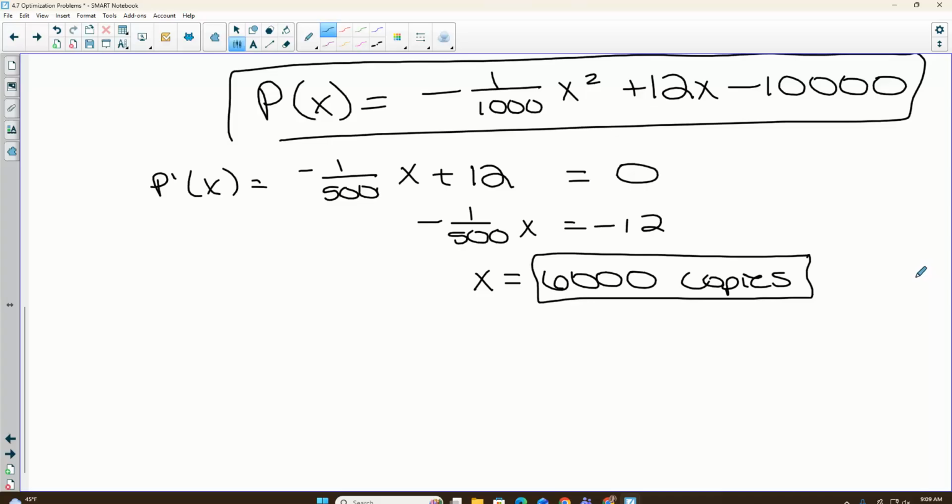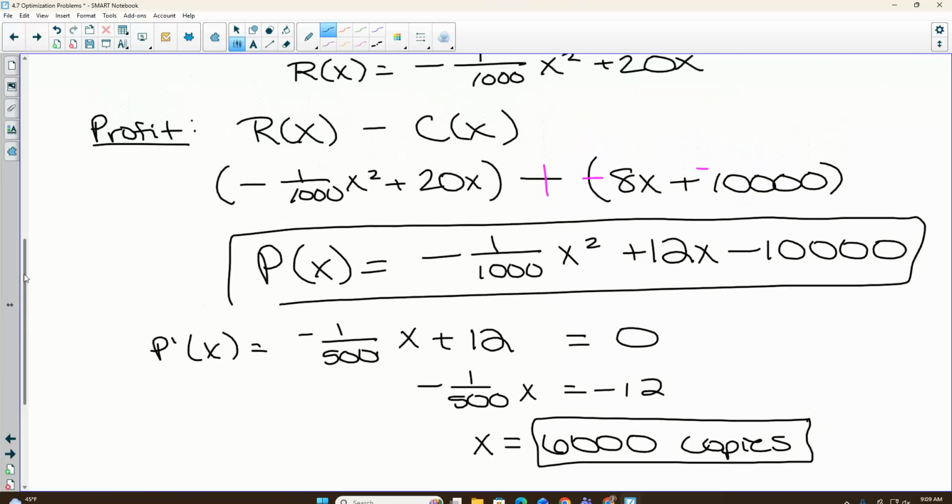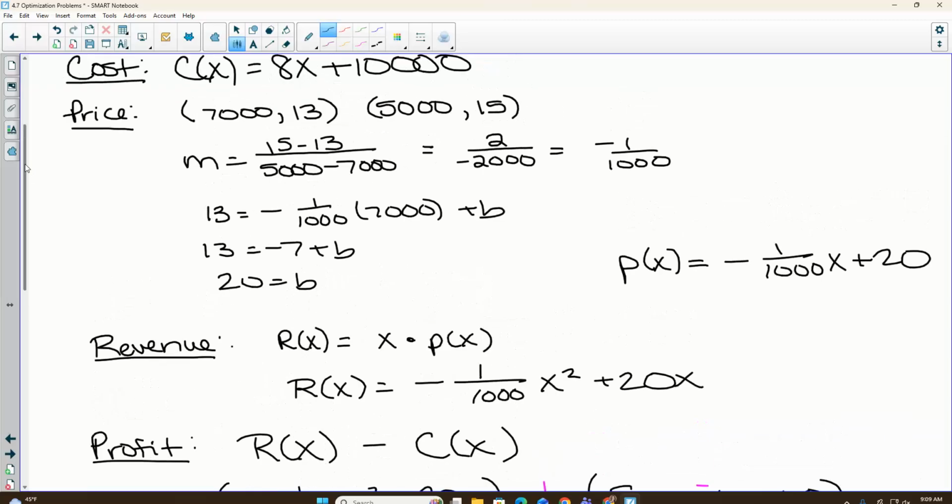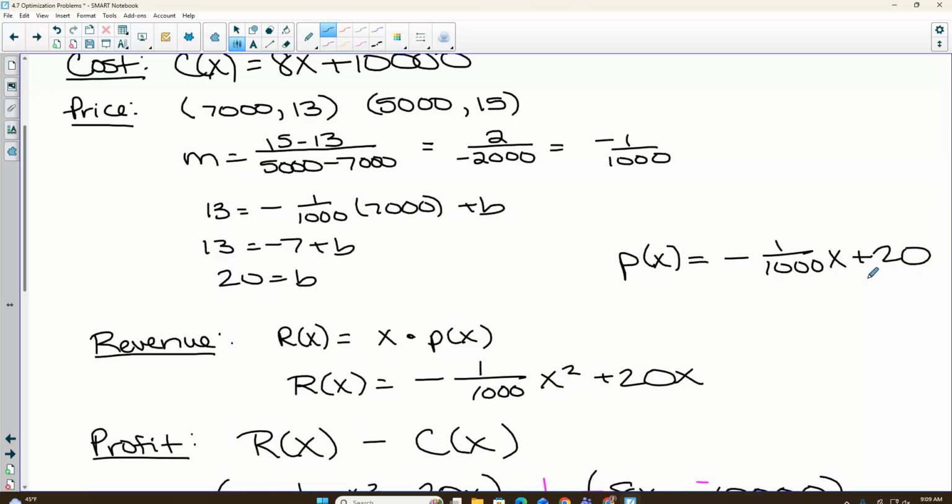And what should the selling price be? How do I find my price from that? 6,000 back into the price equation. Yeah, we found the price equation right here.